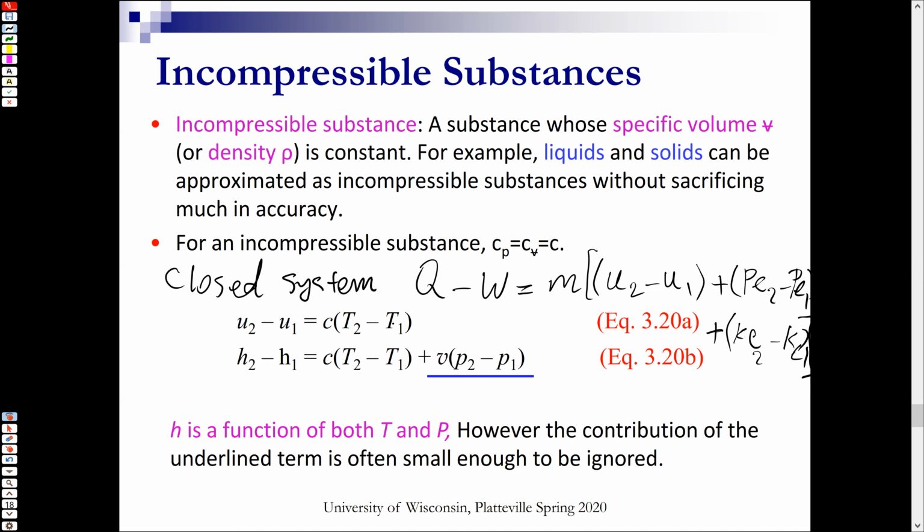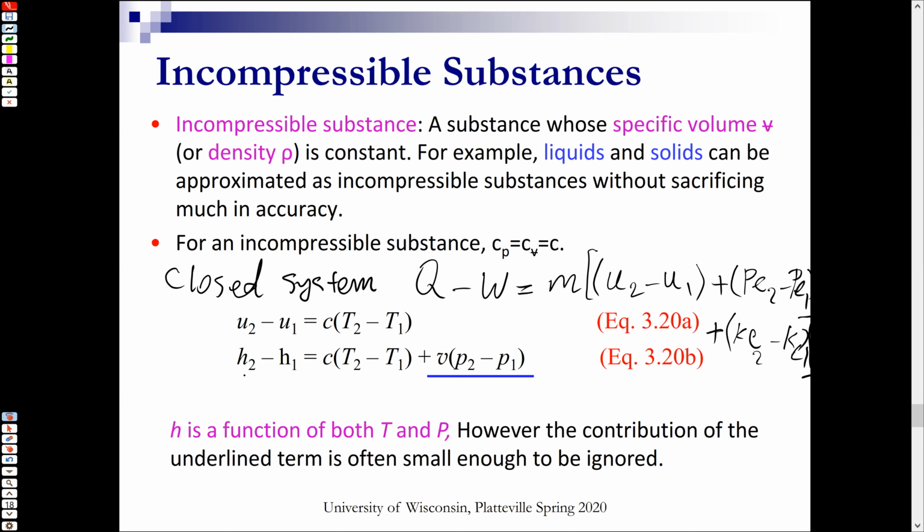Meaning that for incompressible substances, the change in internal energy is a function of only temperature. If the temperature changes, the internal energy increases. If the temperature drops, the internal energy is also going to drop.